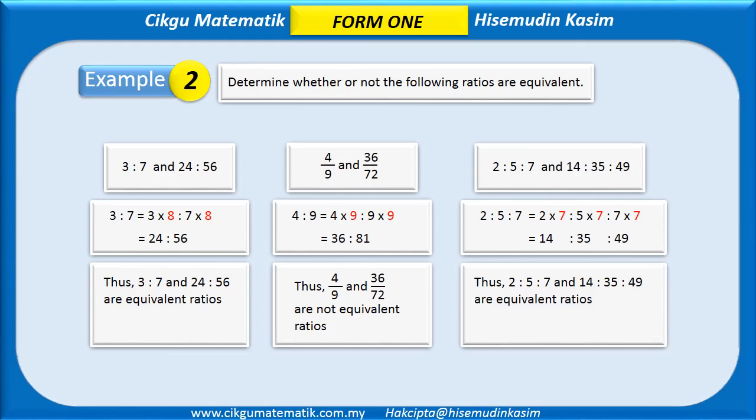Thus, the ratio of 2 to 5 to 7 and the ratio of 14 to 35 to 49 are equivalent ratios.